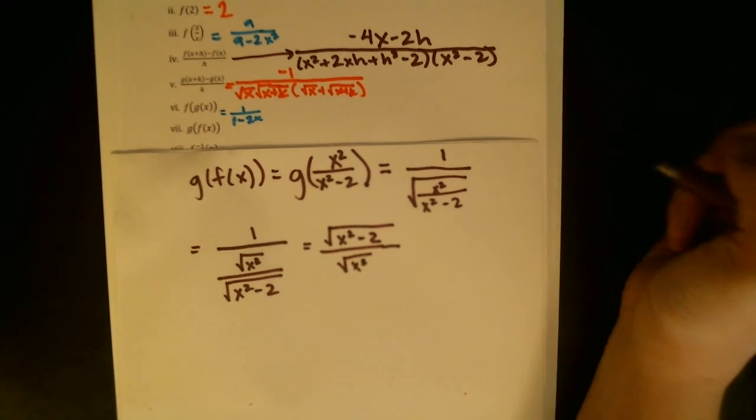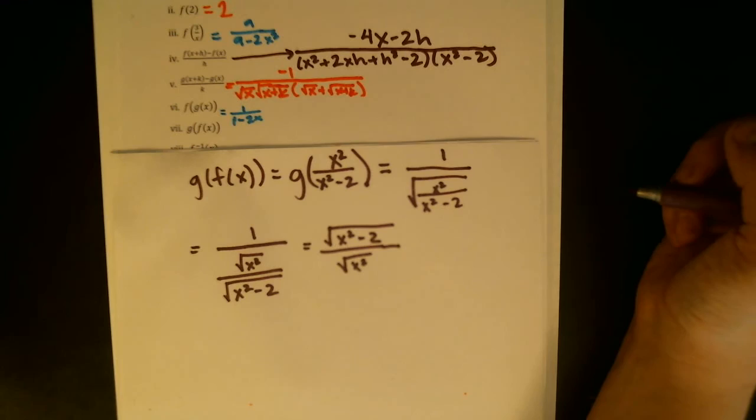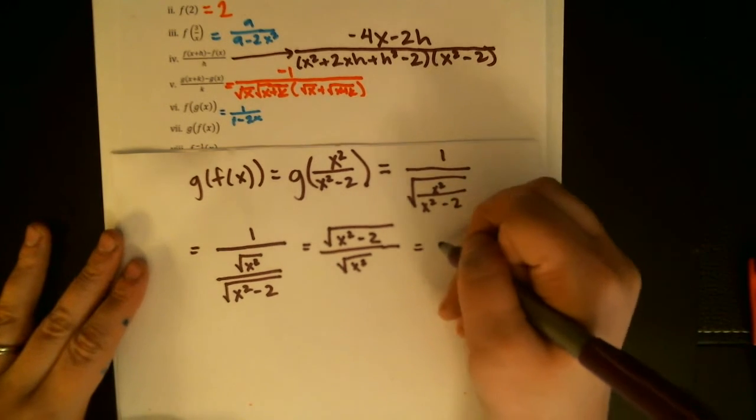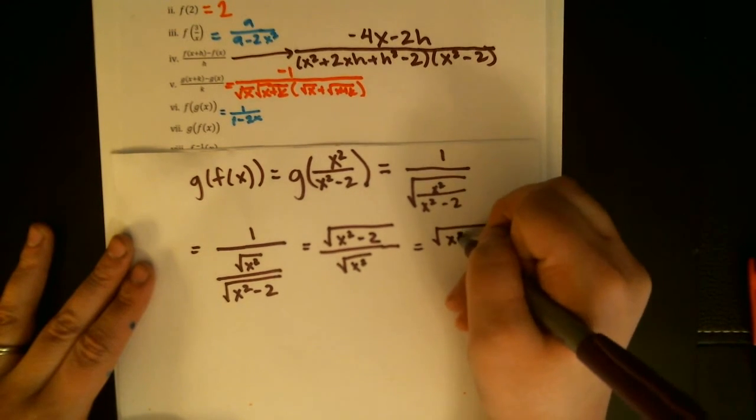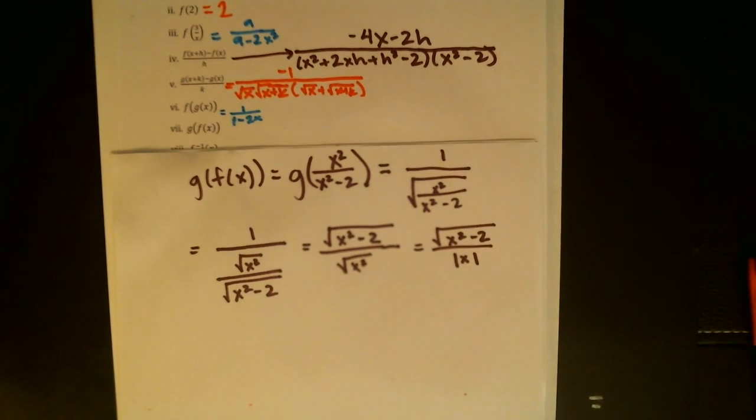The square root of x squared, I'm very tempted to just make it an x, but we want to think carefully about domain things. The square root of x squared is actually equal to the absolute value of x. So if we want to be really careful, I don't know if I want to get into domain here too much because it is a little messy.